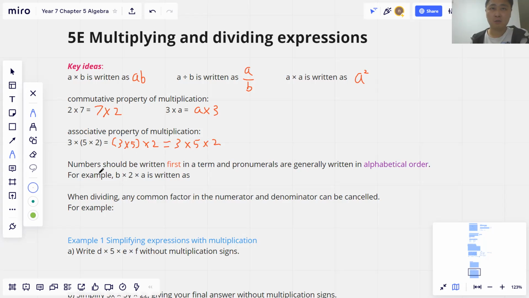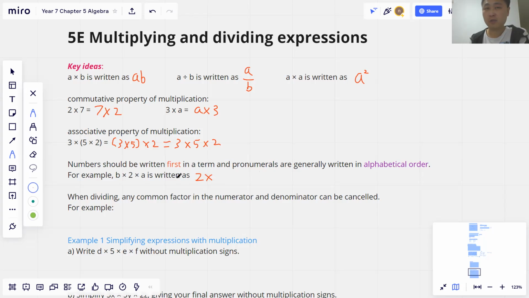Also, numbers should be written first in a term, and polynomials are generally written in alphabetical order. For example, we have B times 2 times by A. We always write the numbers first. The number we have is 2, so we write 2 first.